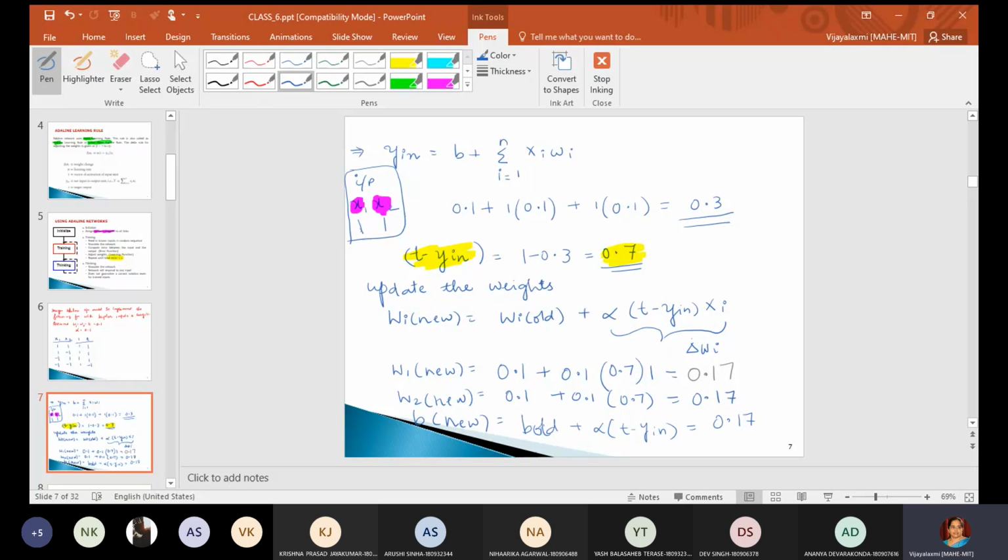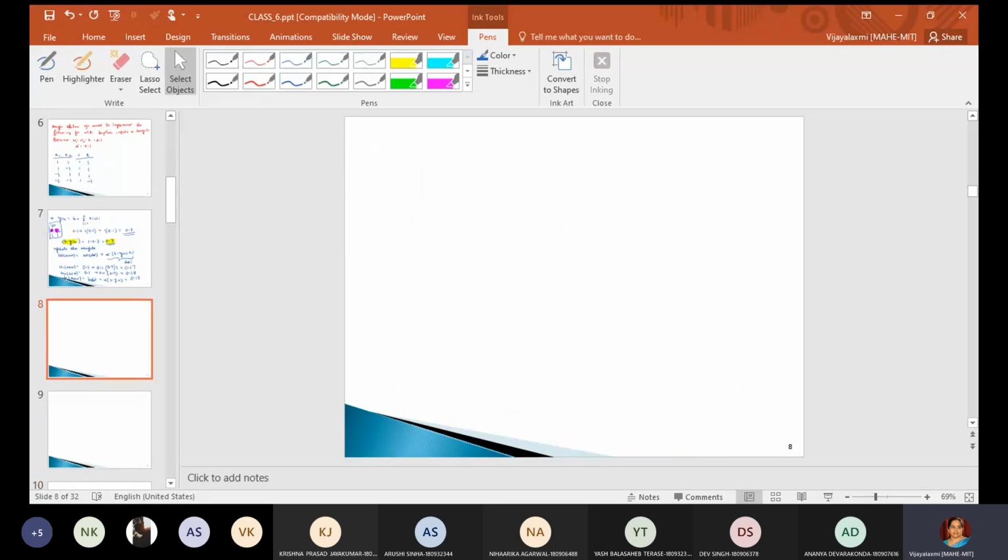Now the next step is you calculate the error. The error is equal to t minus y in squared, which is 0.7 squared, equal to 0.49. This is the first input we have given.